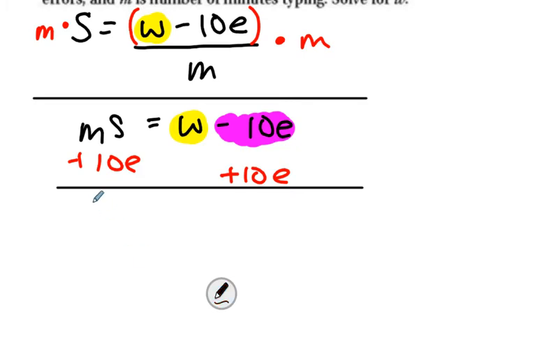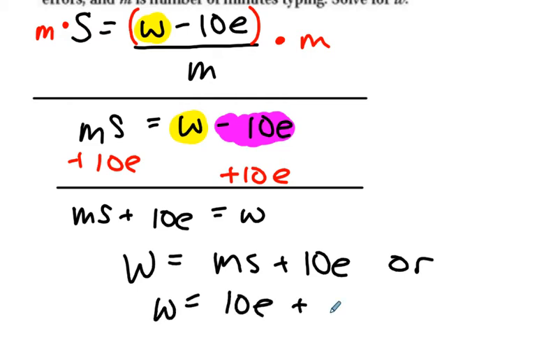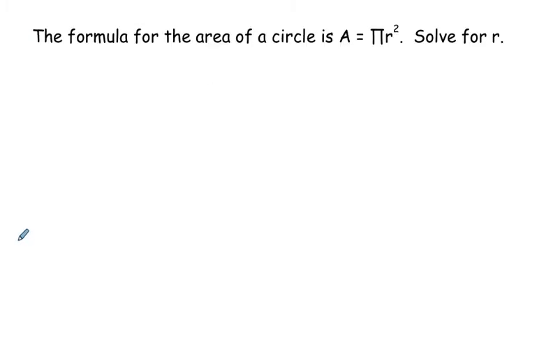It literally is just MS plus 10E. And now that's equal to W when it's isolated. So you can rewrite this as W equals MS plus 10E, or you can say W equals 10E plus MS. Both are okay.